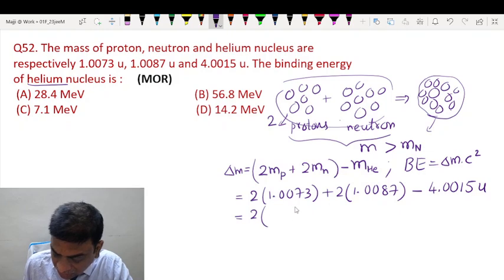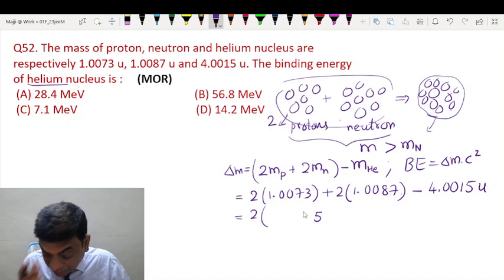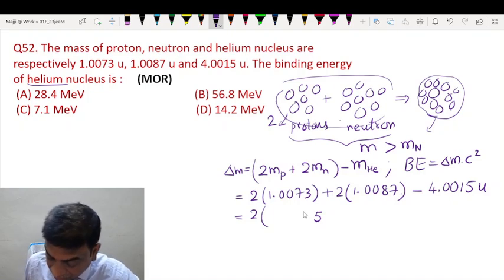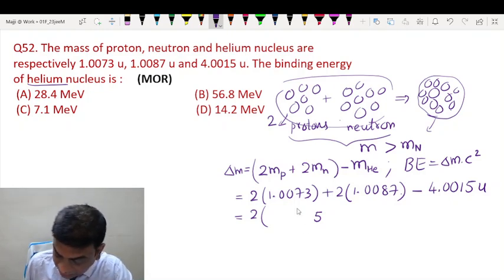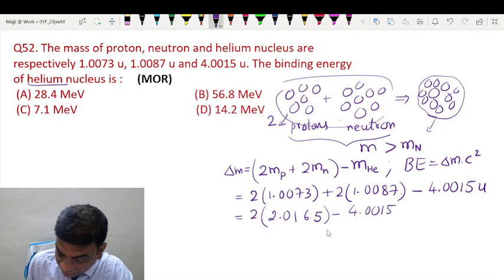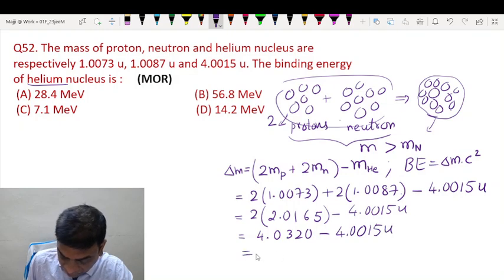So this will be twice into, first let us add this: 3 plus 7 is 10, then 7 plus 8 is 15, 6, 1, so 2.0160. Twice that is 4.0320, minus 4.0015.